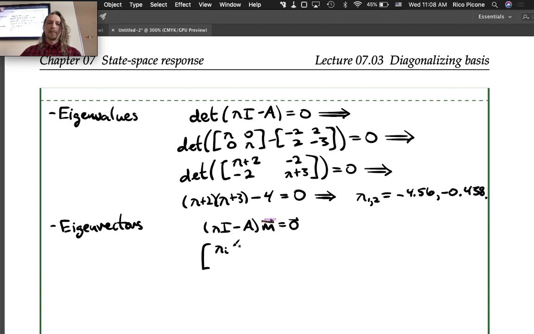So lambda i plus 2, minus 2, lambda i plus 3, times whatever the eigenvector is, m1i, m2i, equals 0, 0.